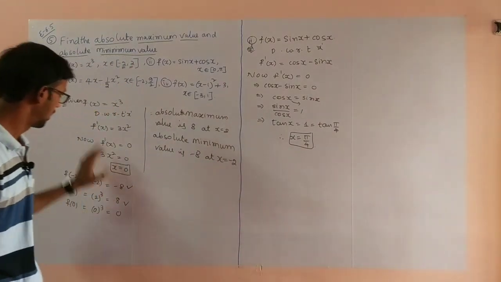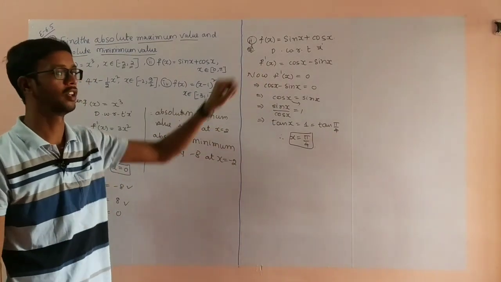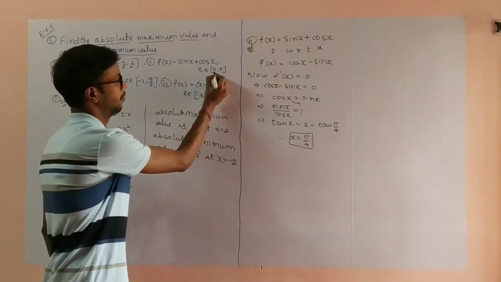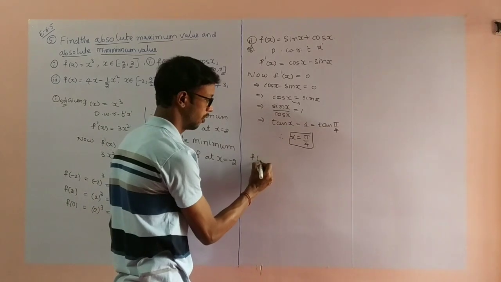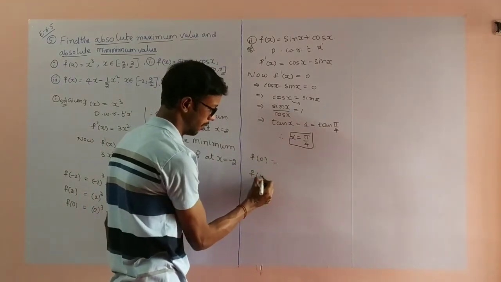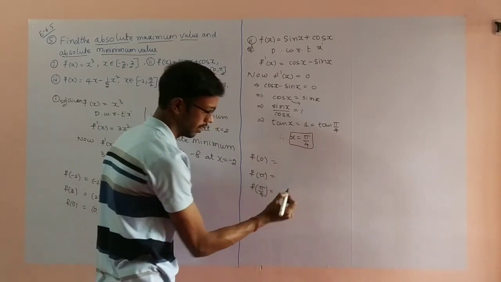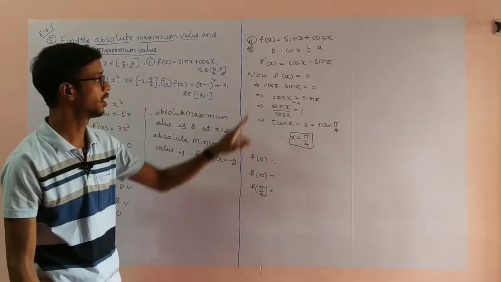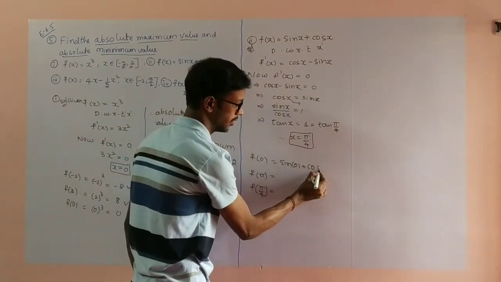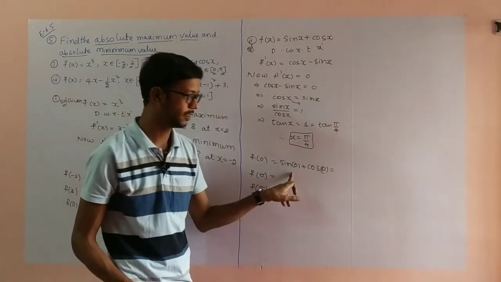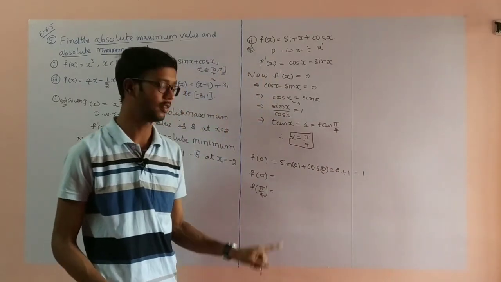Now observe here: after finding the critical point, substitute the end points and the critical point in f of x. What are the end points here? 0 and pi. So f of 0, f of pi, and f of pi by 4. Substitute in the equation. Sin 0 plus cos 0: sin 0 is 0 plus cos 0 is 1, answer is 1.